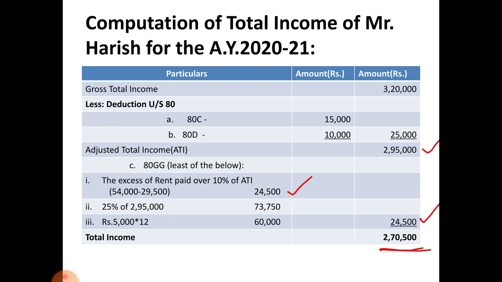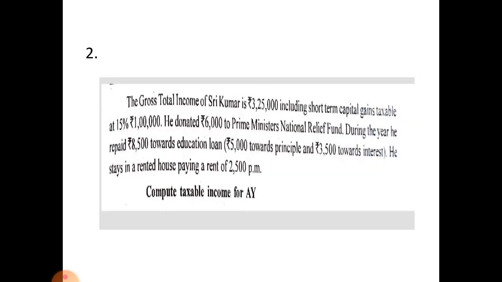Next, let us solve one more problem. The gross total income of Mr. Shri Kumar is 3,25,000 including short term capital gains taxable at 15% of rupees 1 lakh. He donated 6,000 rupees to Prime Minister National Relief Fund.